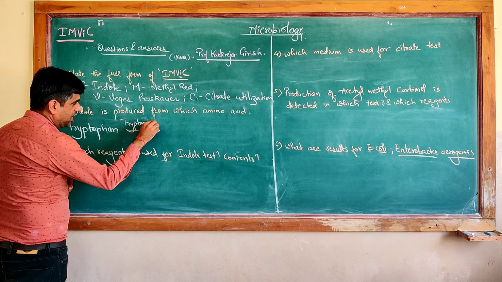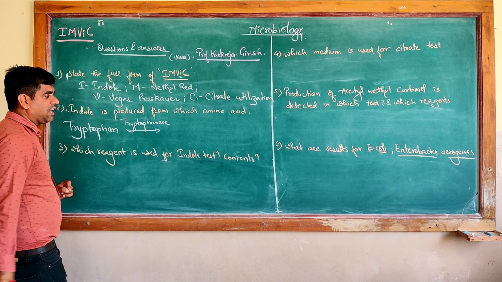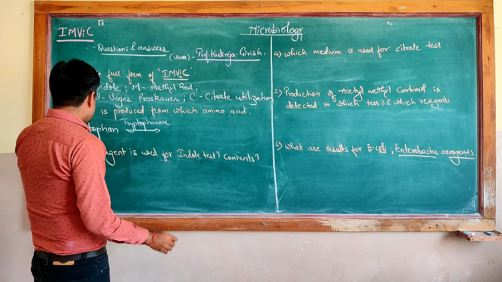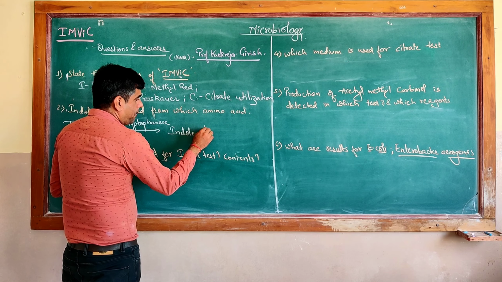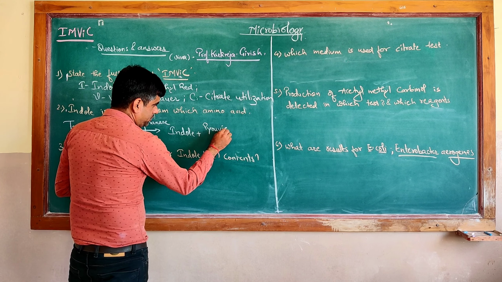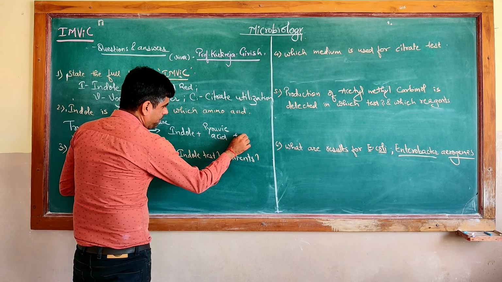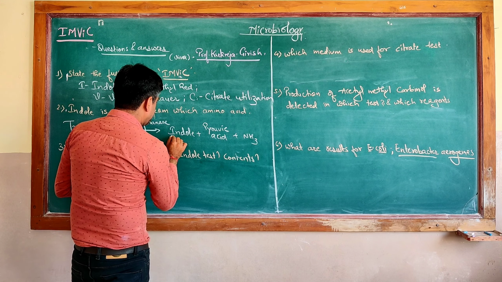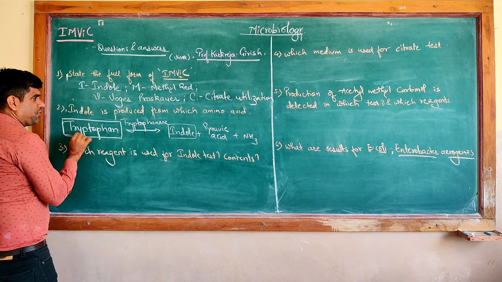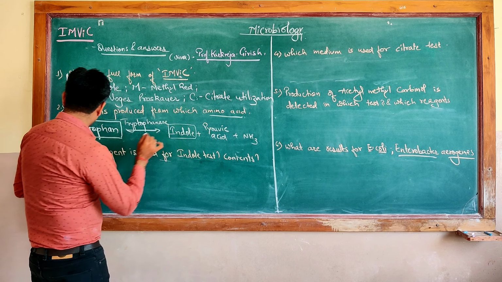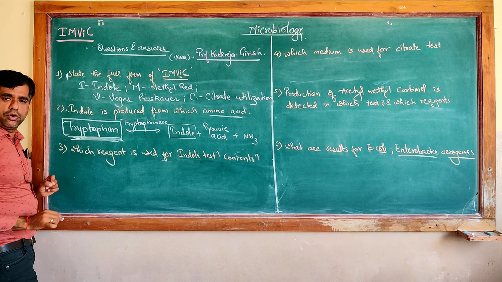If the test organism has this enzyme, tryptophan is degraded to produce indole, pyruvic acid and ammonia. So from which amino acid? The answer here is tryptophan.